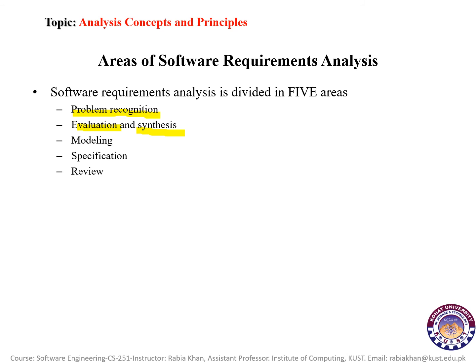So here, in the second step, after we have understood the problem, now we have to evaluate the pros and cons of the system that we are going to develop. What sort of data is being generated within the current working environment of the customer? That is then evaluated.